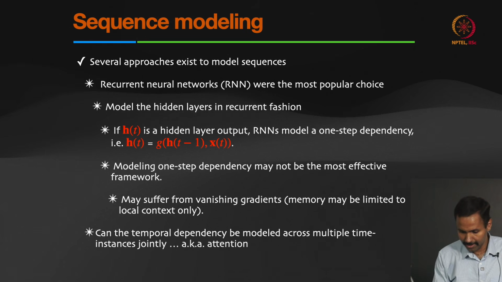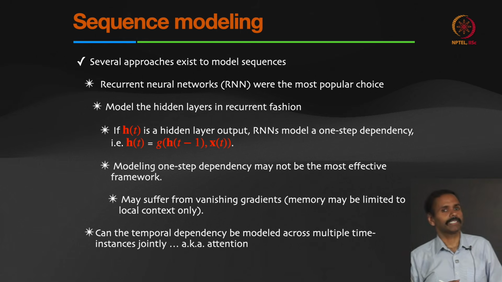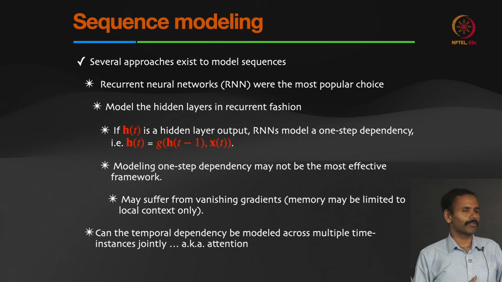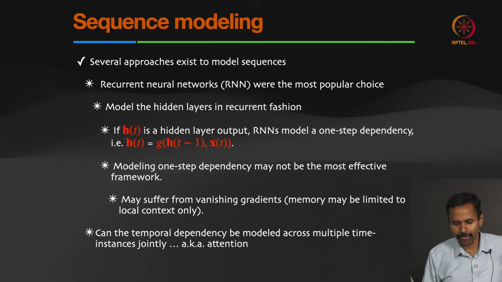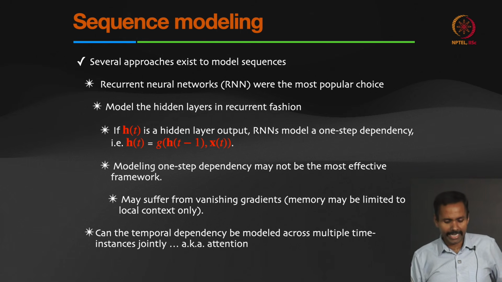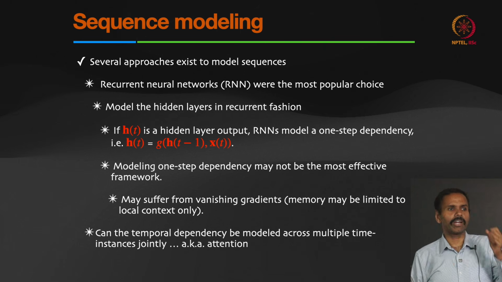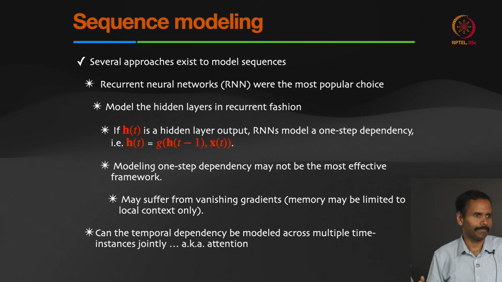But even when these models were becoming very popular, very heavily used, if you ask language models in text, if you ask acoustic models in speech, if you ask video models that look at video as a sequence of data points, everybody, even in 2017-18 when transformers came up, which I am going to talk about in detail, people were already aware of the deficiencies of an RNN, which is that it has this one step dependency, which is that you cannot see directly anything more than one step, right?